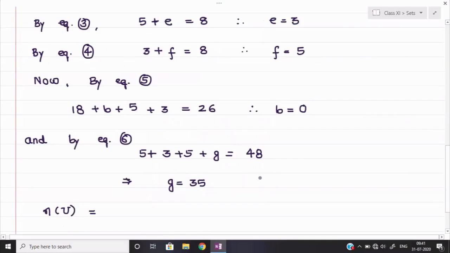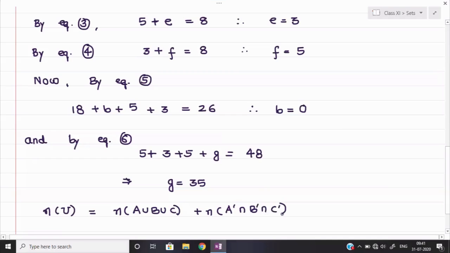So basically, see how we can write this as n(U) = n(A ∪ B ∪ C) + n(neither A nor B nor C).